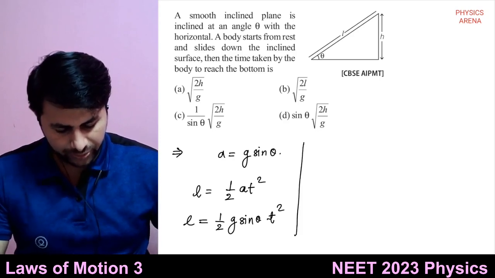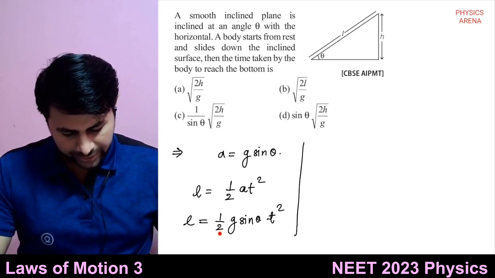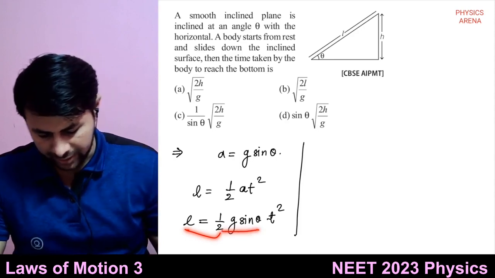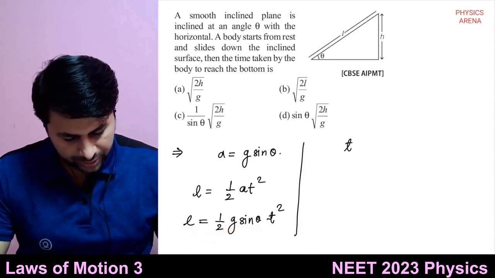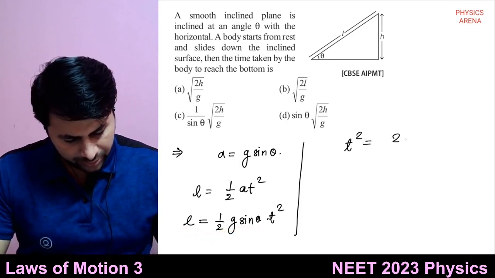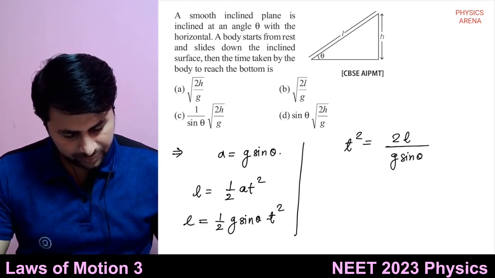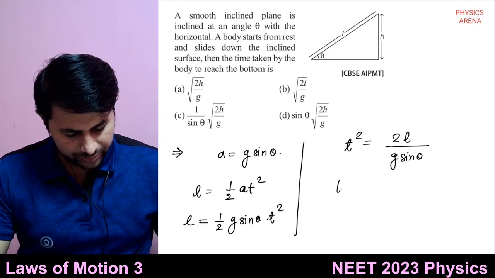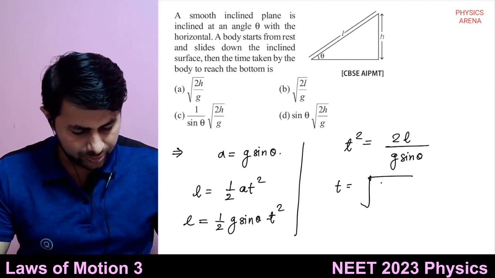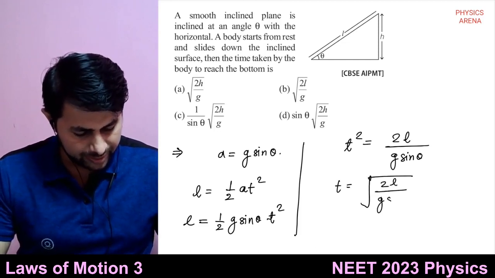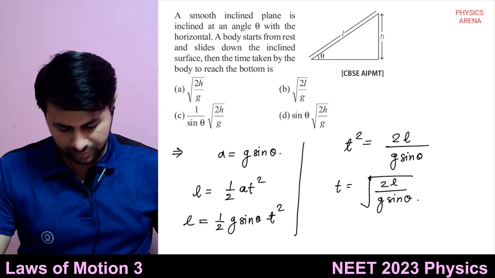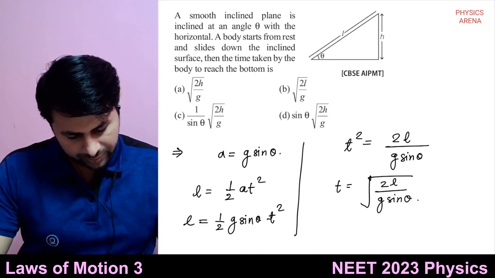So from here we will get t. Let's take 2 and g sine theta to the other side. So t square is equal to 2 times L divided by g sine theta, and therefore t will be equal to the square root of 2L divided by g sine theta. So is there such an option?